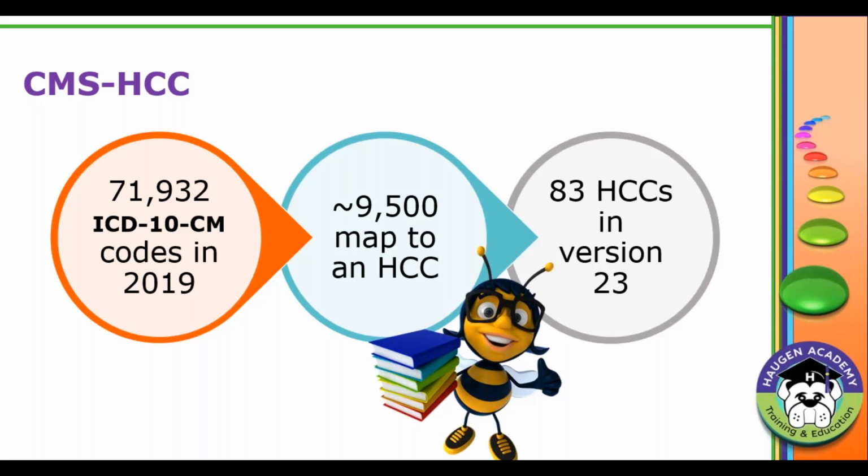There are 83 HCCs in version 23. So it's similar to the DRG system for those of us who are working on the facility side, where you've got a code and it maps to an HCC. Then there's a hierarchy that's applied if you have several diagnoses that are related similarly, and from there that helps determine payment.